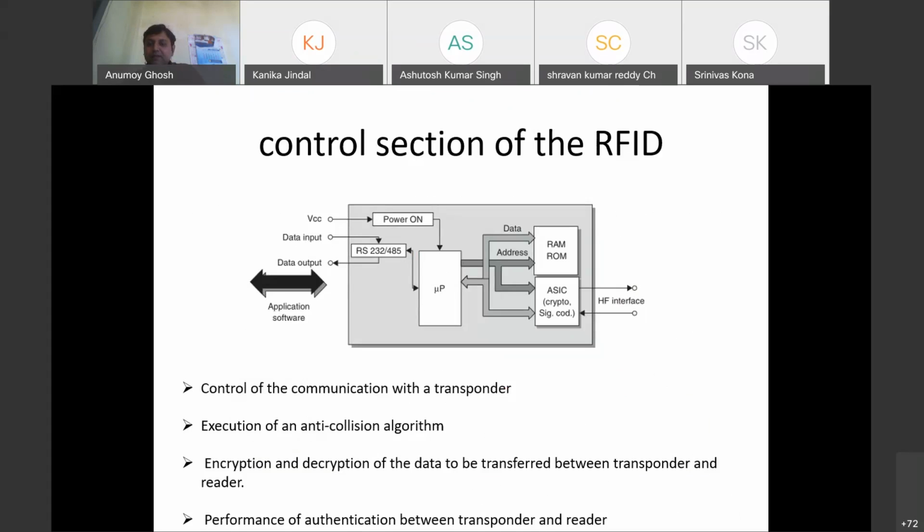So the data will be sent to the RAM-ROM part. Accordingly, the data will be processed and it will come into the cryptographic part, and from there again it will go to the high frequency interface, and from there to the antenna. Okay. So the algorithm which is there, suppose an anti-collision algorithm or any algorithm or speed check algorithm, that particular algorithm is fed to the microprocessor. Accordingly, that data will be executed.